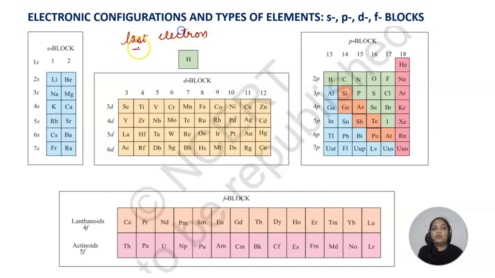If it is entering the s orbital, you can say the elements belong to the s block. Here you can see the electrons are added in 3d, 4d, 5d, 6d, so that's your d block.